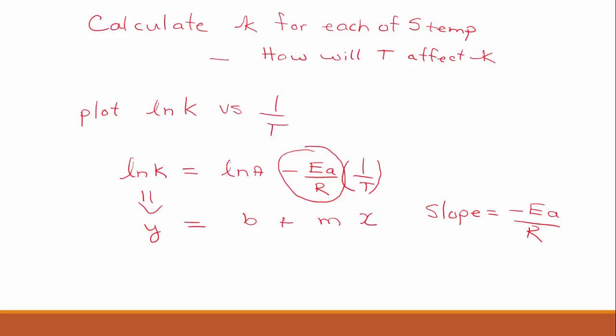Your y-intercept is going to be equal to the natural log of A. When you plot ln k as a function of 1 over T, think for yourself about what the slope is.